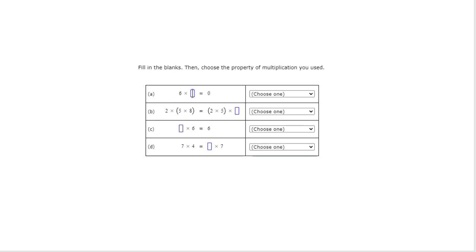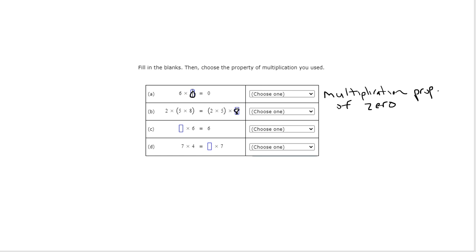Okay, let's look at another one. Okay, so this one, 6 times 0 is 0. Okay, that one is the 0 property, or the multiplication property of 0. If you multiply 0 by anything, you end up with a 0. Okay, the next one, 2 times 5 times 8, 2 times 5 times 8.